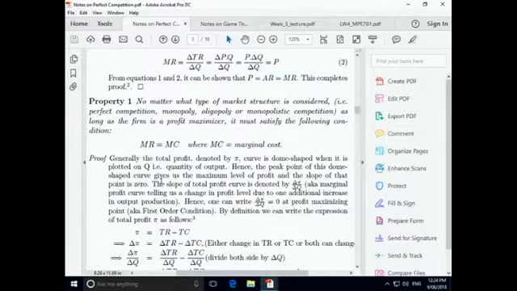I don't care. Then it says, as long as the firm is a profit maximizer, it must satisfy the condition MR equals MC. That means marginal revenue equals marginal cost. What it means is, for every unit of output that you produce, your additional revenue must be equal to your additional cost. That is what we sometimes call thinking at the margin.